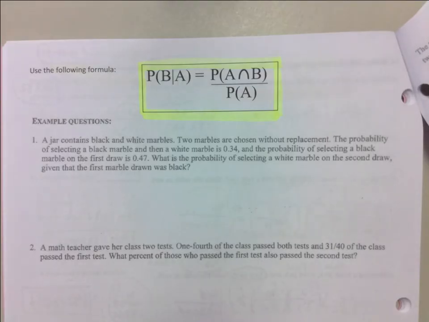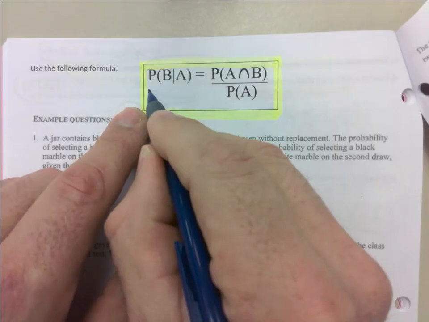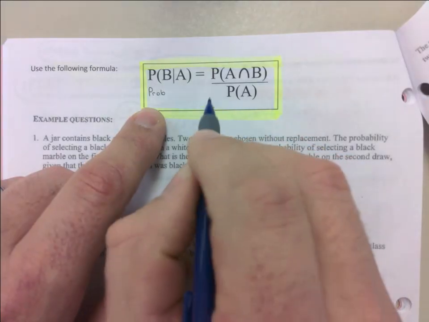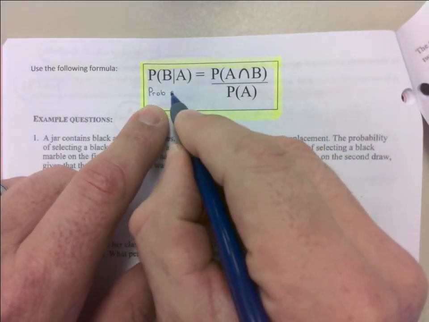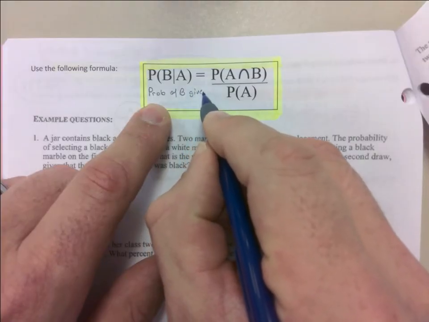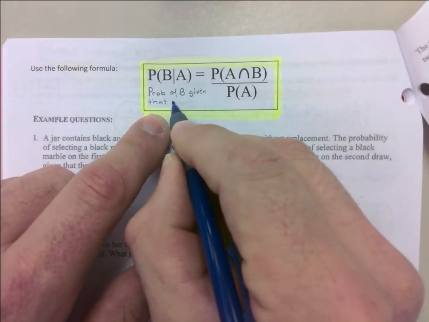We can tell. What I want you to say is that this is probability of B given that A happened.